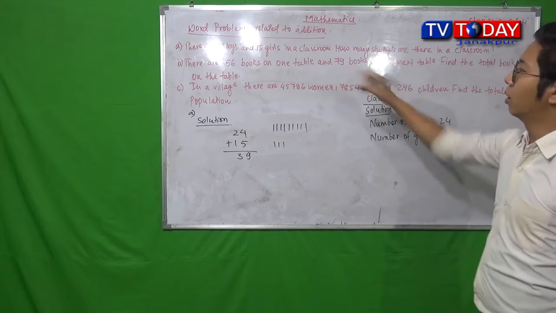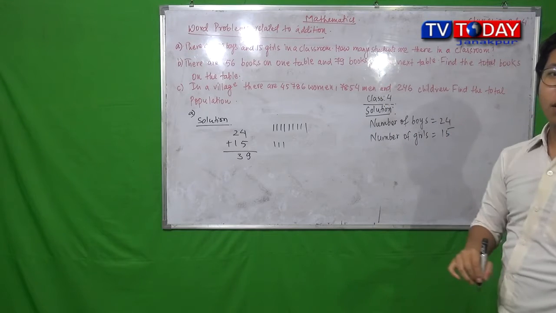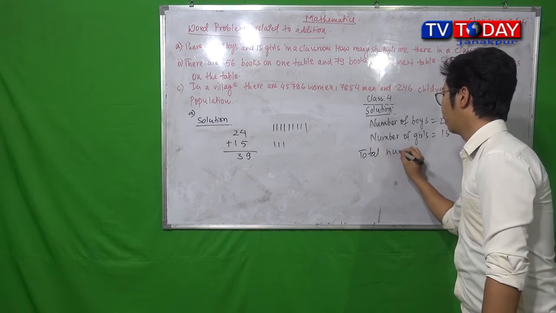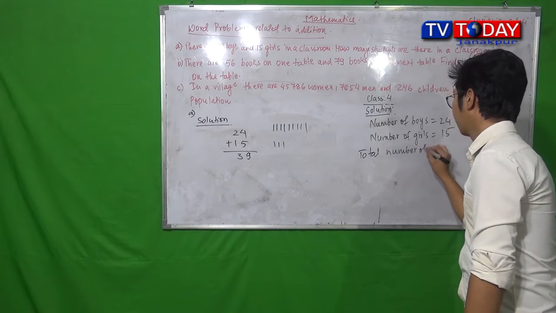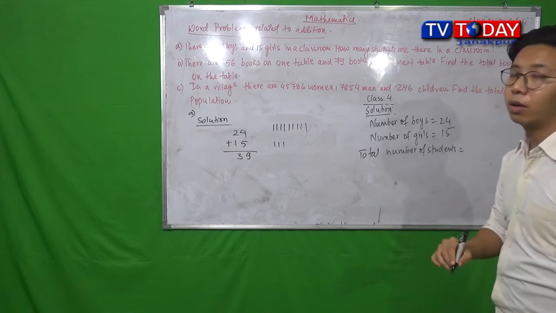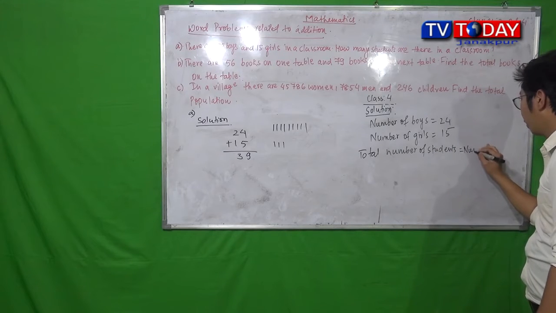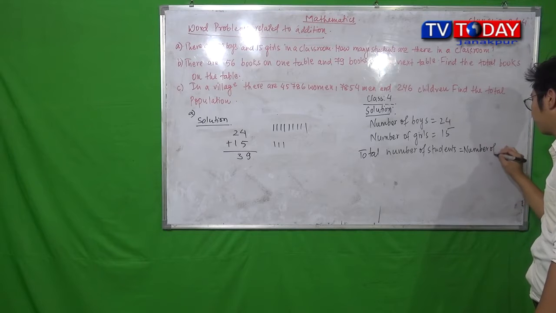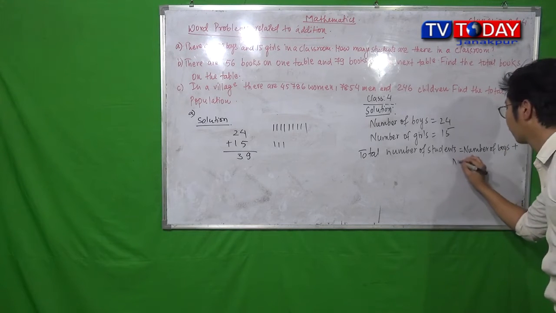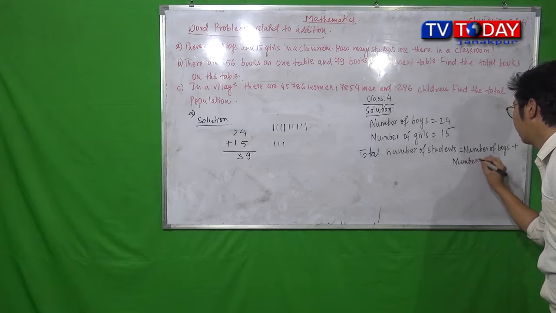How much? 15. Then you have to find the total number of students. How will you do? Number of boys plus number of girls.